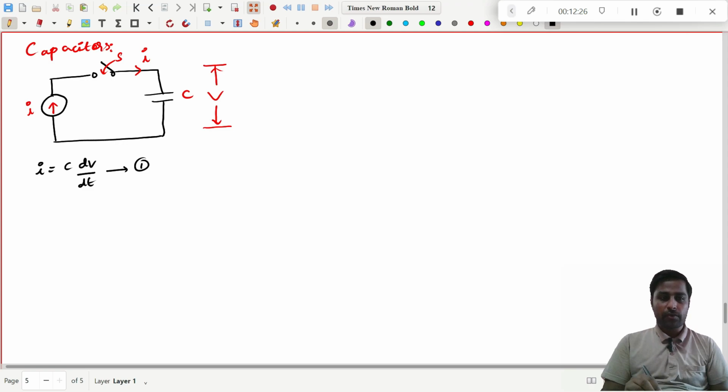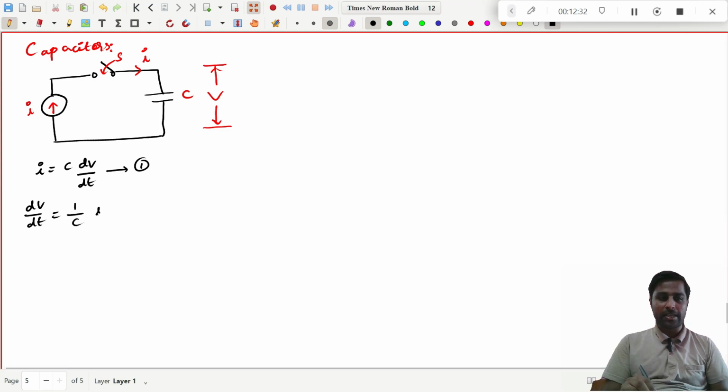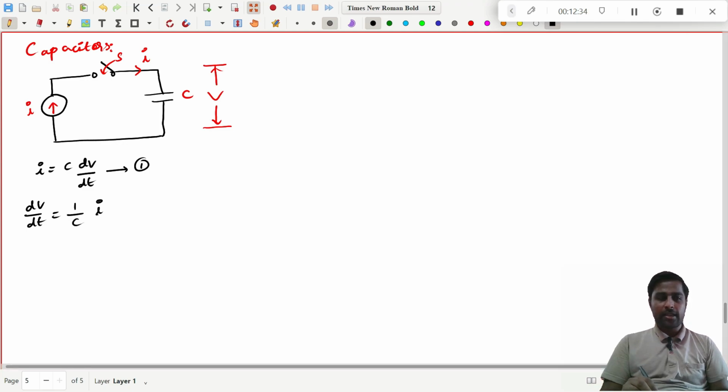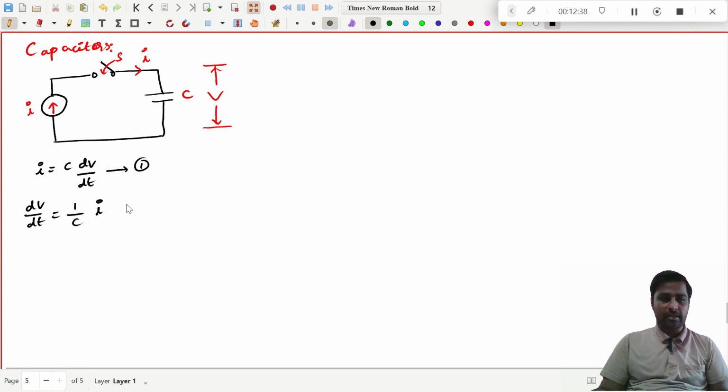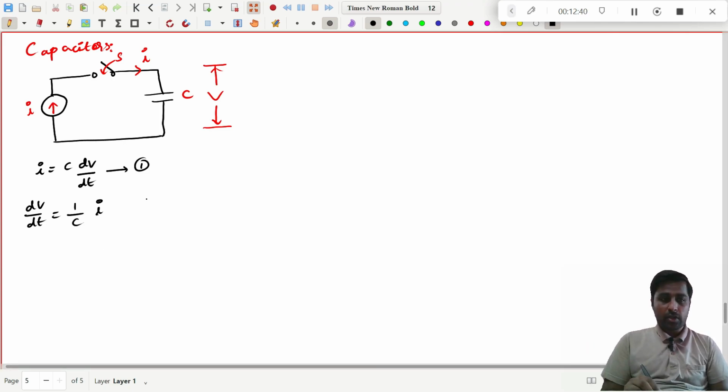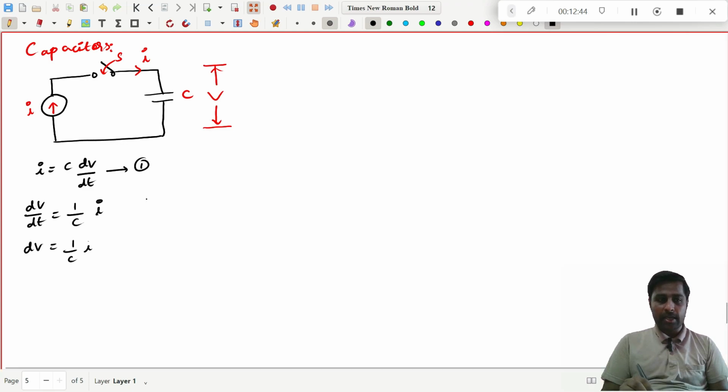So if we want to find this, dV by dt will be equal to 1 by C I, and you bring dt to the other side, so you get dV equal to 1 by C I into dt.